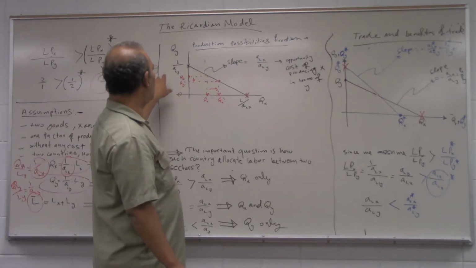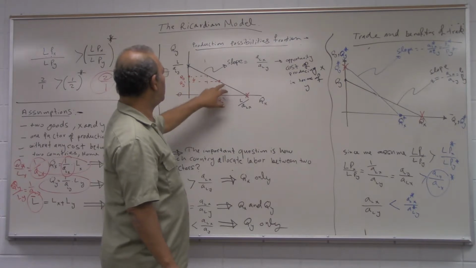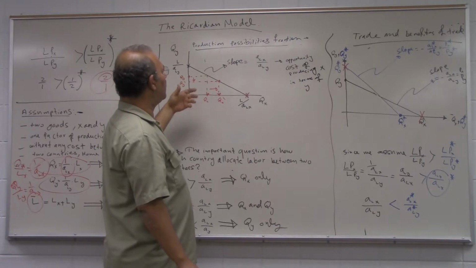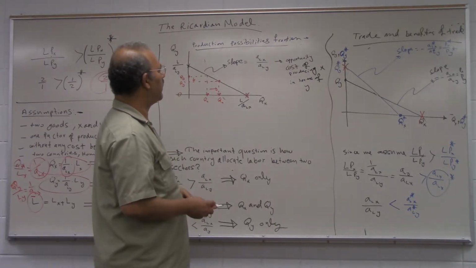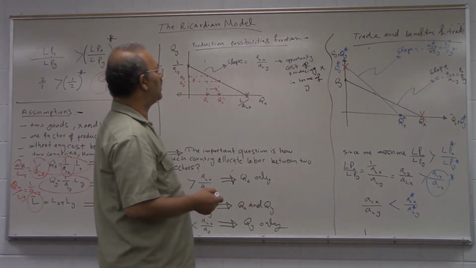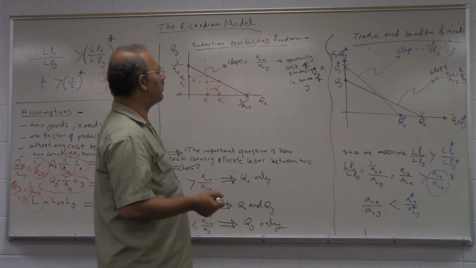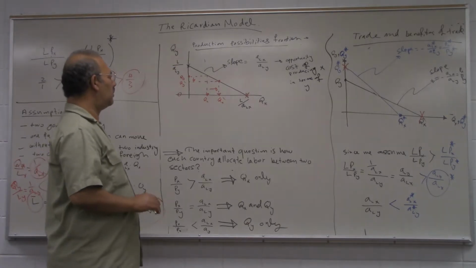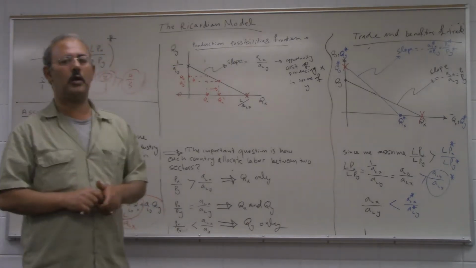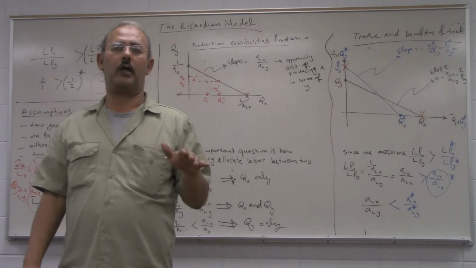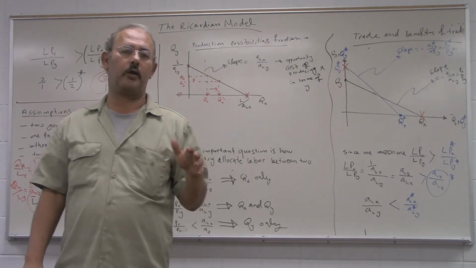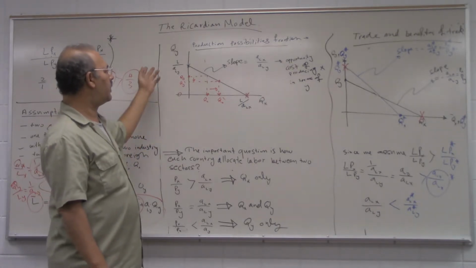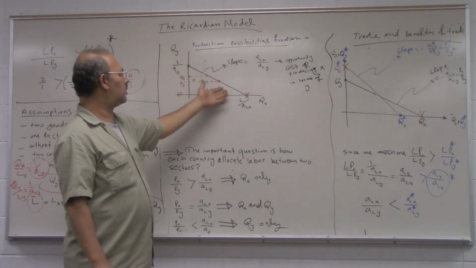Therefore, the slope of the production possibility frontier is equal to the opportunity cost of X in terms of good Y. And because in this model we assume one factor of production, the production possibility frontier curve is just a straight line.